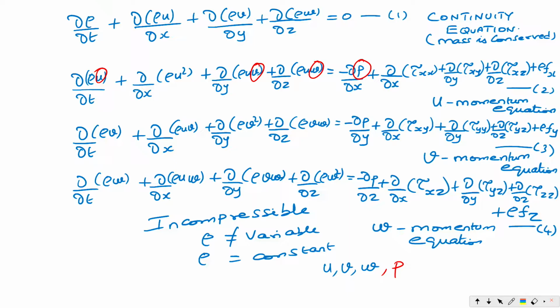To overcome this problem we make use of the continuity equation also, and now we have 4 equations and 4 unknowns, but still the problem exists, because in the continuity equation there is no pressure term. How are we going to link the pressure term available in the u, v and w momentum equations to the continuity equation?